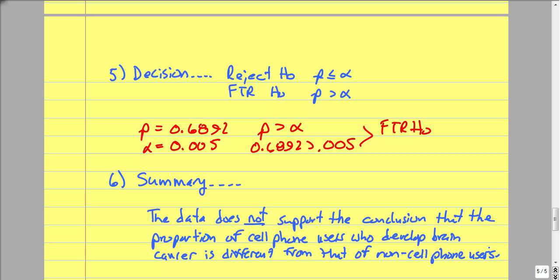So it looks like there's not a statistically significant difference between the cell phone users and the non-cell phone users.